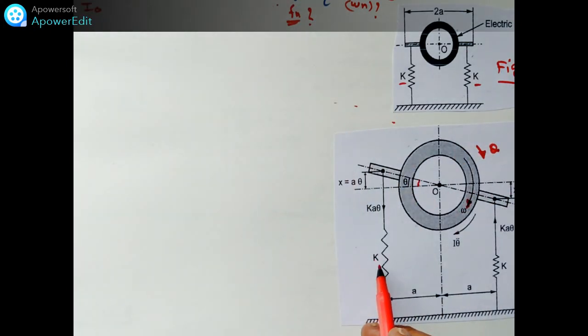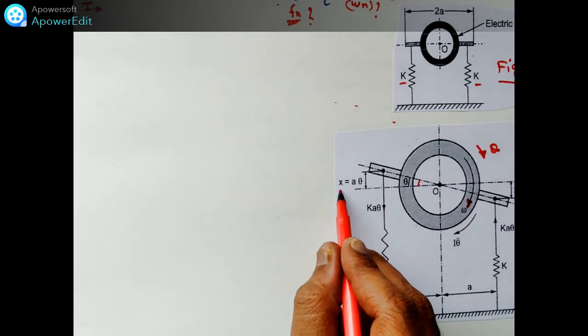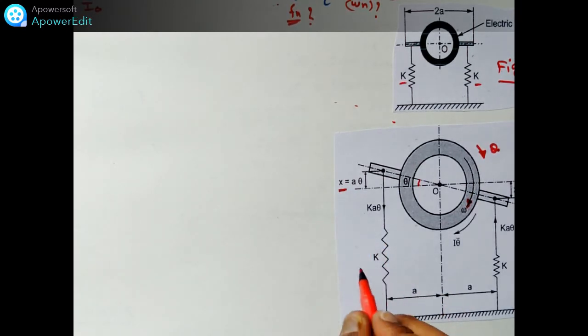Here this spring will get stretched, and this spring will get compressed. See, stretch, this is compress. All 4 springs will get stretched by distance x, or compressed by distance x.